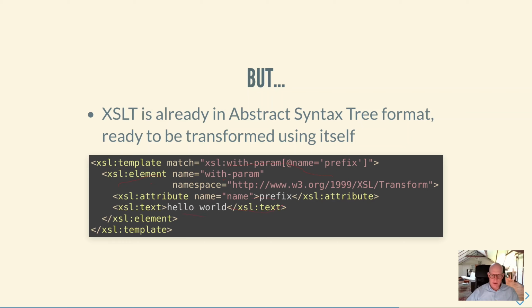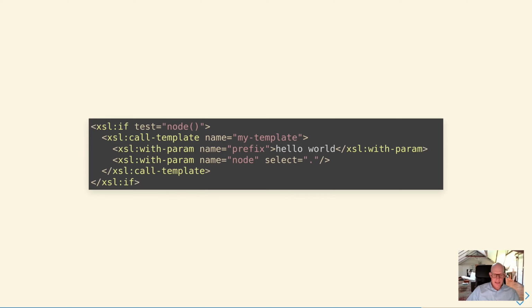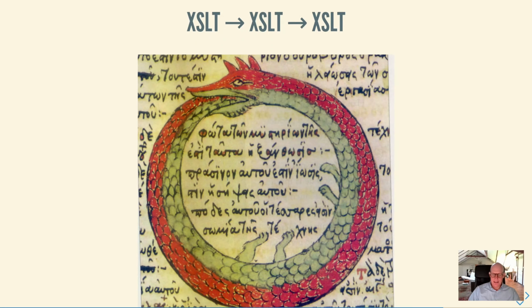This would be the output of taking that XSLT and passing it into the second XSLT, outputting more XSLT with slightly changed parameters. Basically a snake eating its tail: XSLT taking XSLT, outputting XSLT.